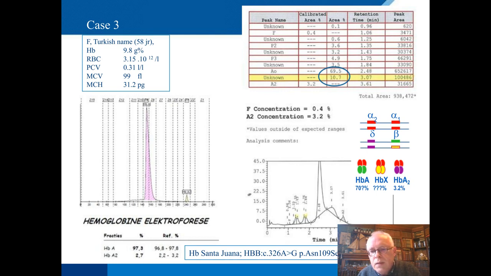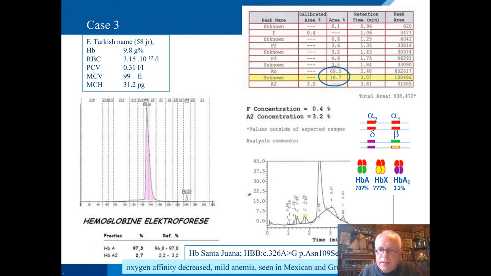It's a very rare one, but it is a hemoglobin variant of the beta chain, and it gives about 10%, but this is a bad estimation because of the high peak underneath, and this is due to the overlap. It's a hemoglobin variant in which the oxygen affinity is decreased, it gives mild anemia, and is found mainly in Mexicans and in Greek.